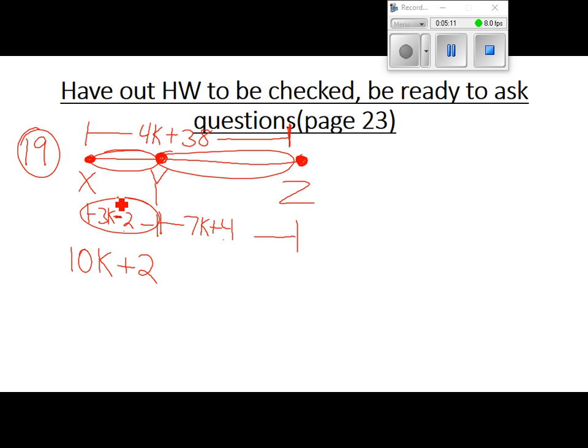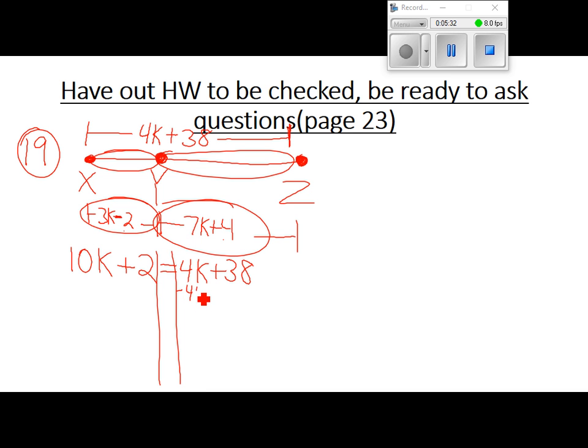So we added this plus this, and we know that that should all equal what? 4K plus 38. I'm going to solve this real quick because your algebra teachers last year did a magnificent job of teaching you how to solve equations. So this is all easy stuff, right? Subtract 4K on both sides. That's 6K.